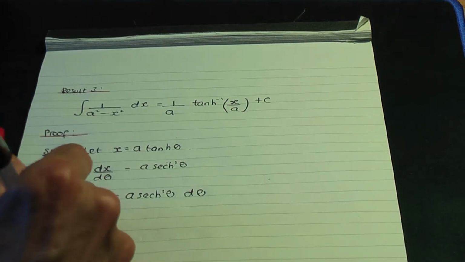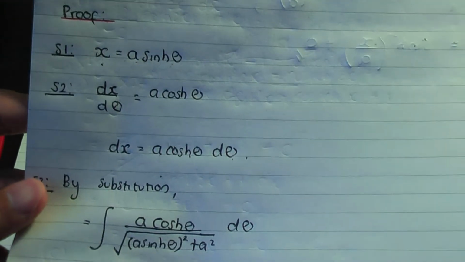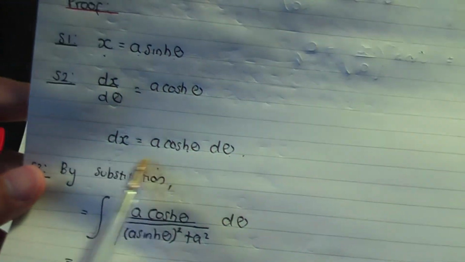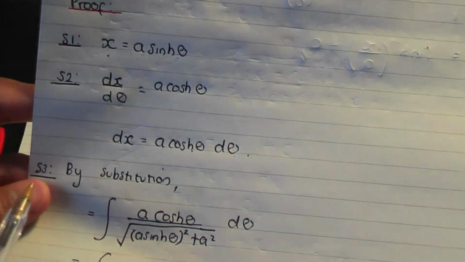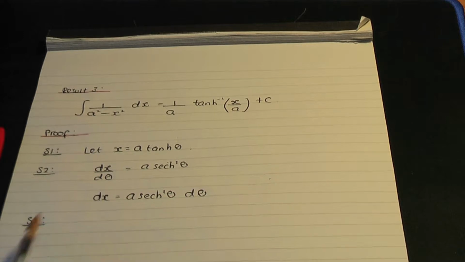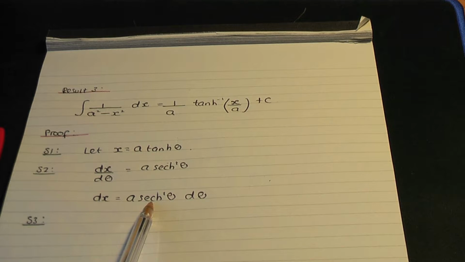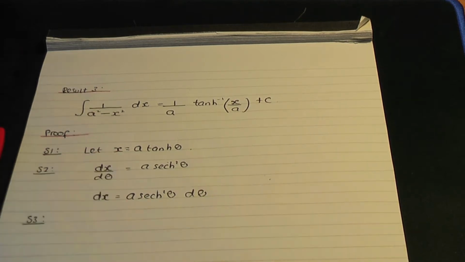So that takes us to step number 3. If you've seen the proof that was explained in the previous video, we're up to here so far, so this is step number 2. Step number 3, we go through the method of substitution. So in this case, the dx is going to be replaced by a hyperbolic sec squared theta d theta. X is going to be replaced by a hyperbolic tan theta.